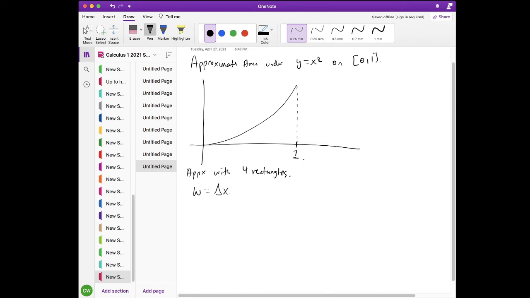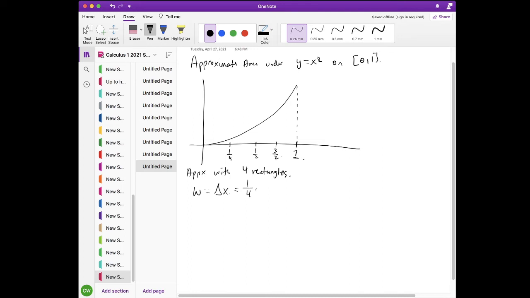Just know that I mean width every time. I'm going to use 1/4. So we have 1/4, 1/2, and 3/4. These are my intervals.